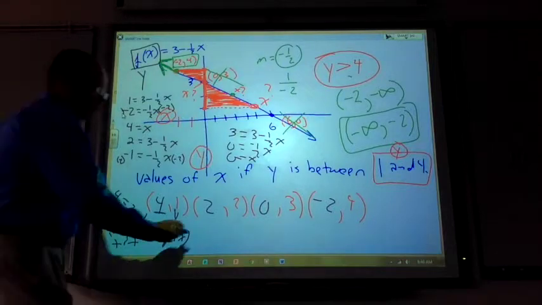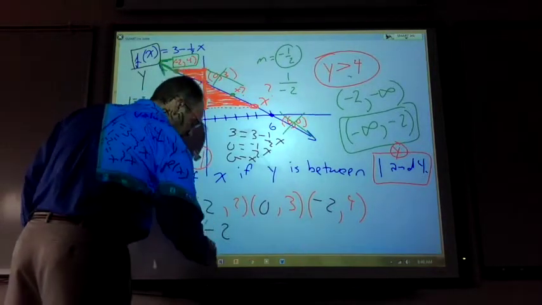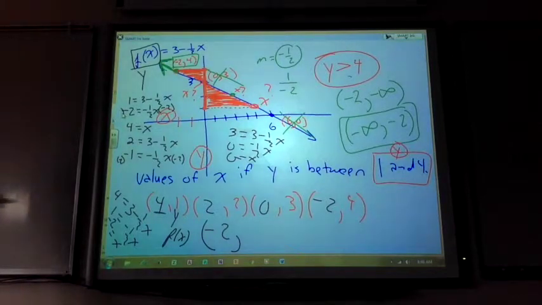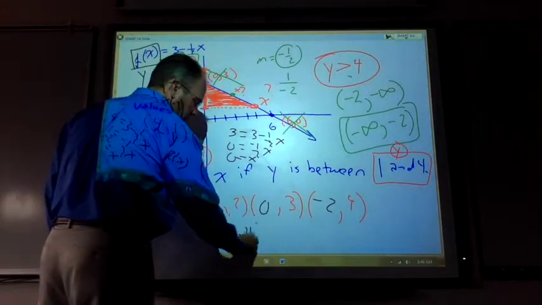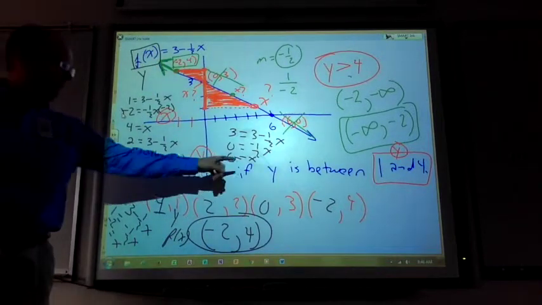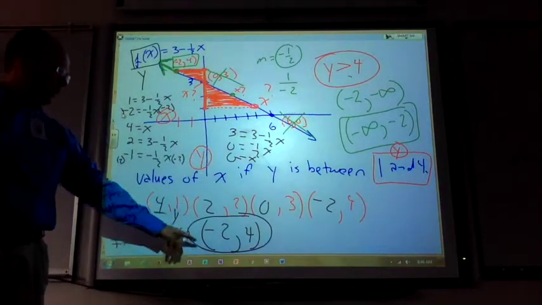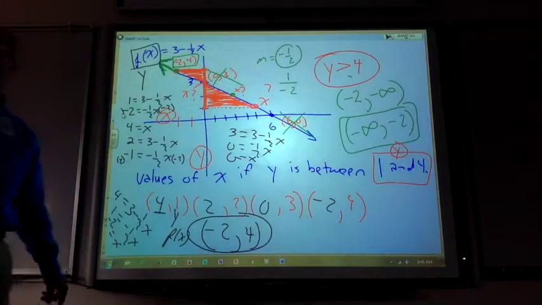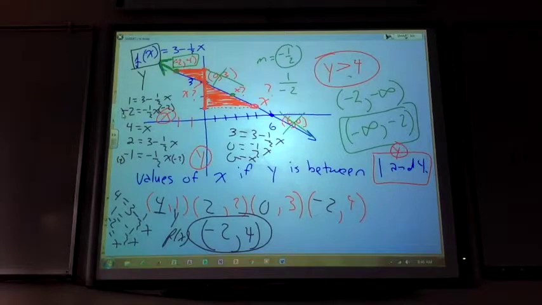Negative 2. Close parenthesis. What's my largest? Parenthesis. So my answer, values of x if y is between 1 and 4: my values of x are between negative 2 and 4. And if it's in between, it's not including it. Okay?